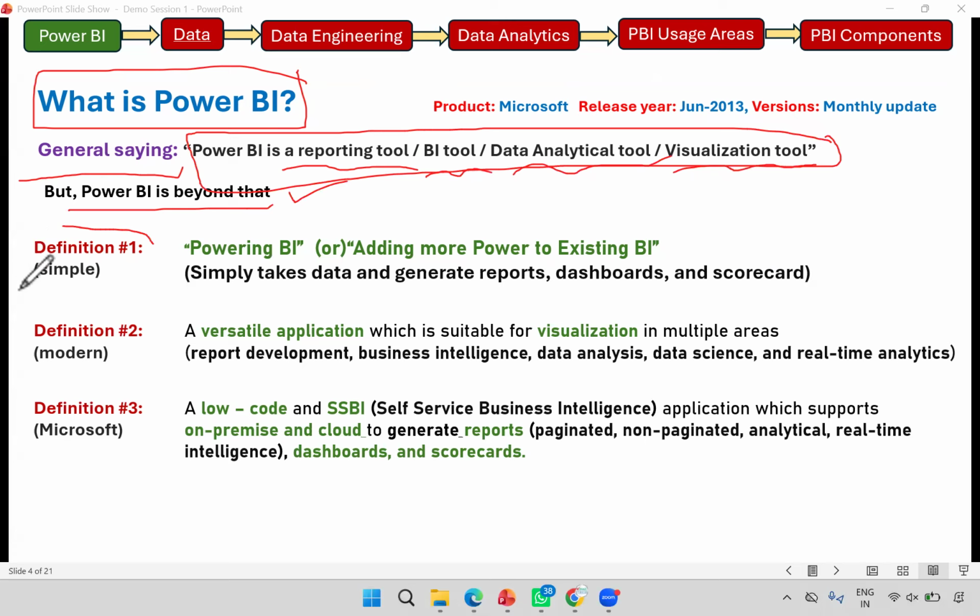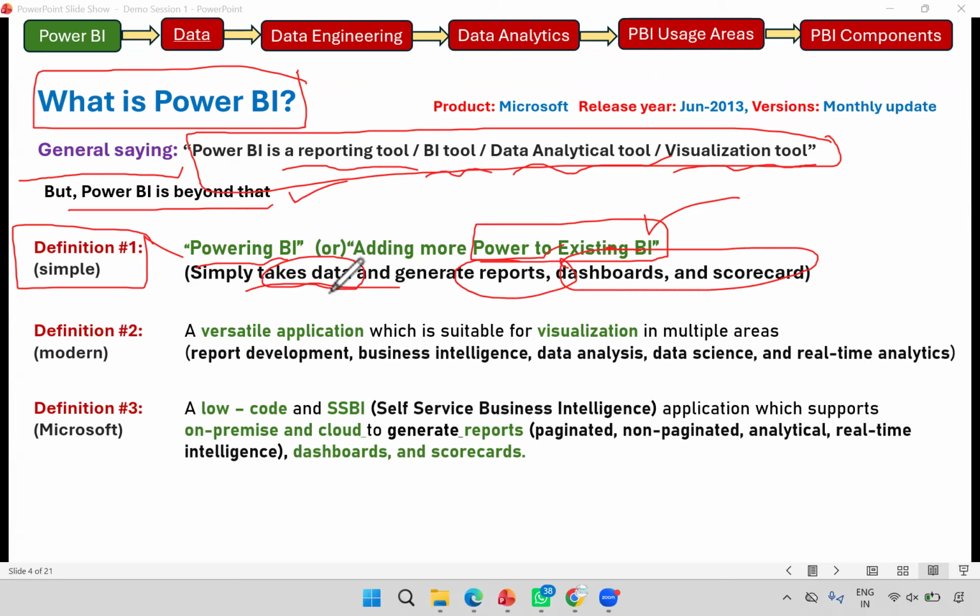First, a simple definition: Powering BI, adding more power to existing BI. For the existing BI components, more power is added. Simply, it will take data and generate reports, dashboards, scorecards. So this is called input and this is called output.